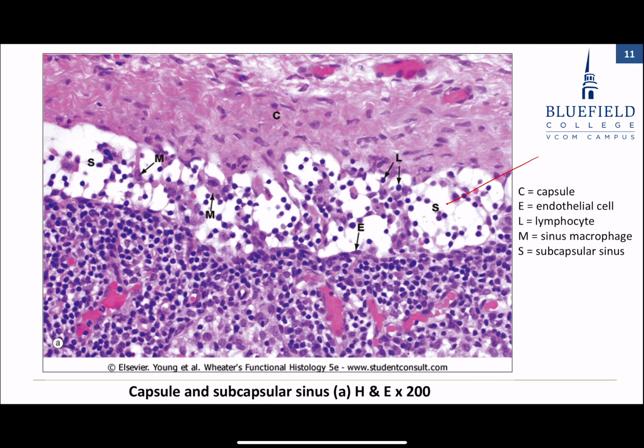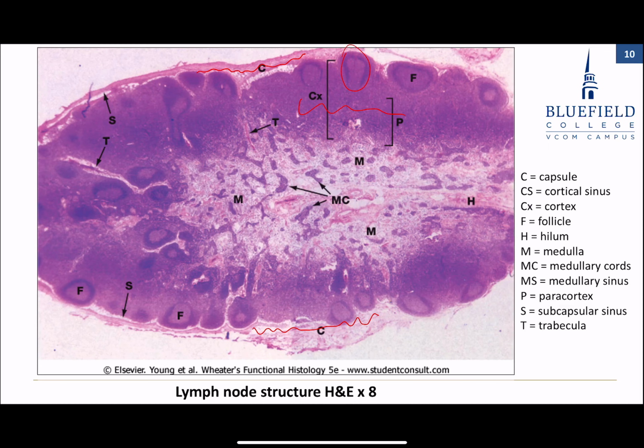If we take a look once again just below that subcapsular sinus, that's where we've got all of that dark staining lymphatic tissue. And as we go around, something like this, where I am passing through right here, is not nodular, so that's all diffuse lymphatic tissue. Whereas here we see plenty of nodules, and the nodules tend to be right up against that subcapsular sinus for the most part.